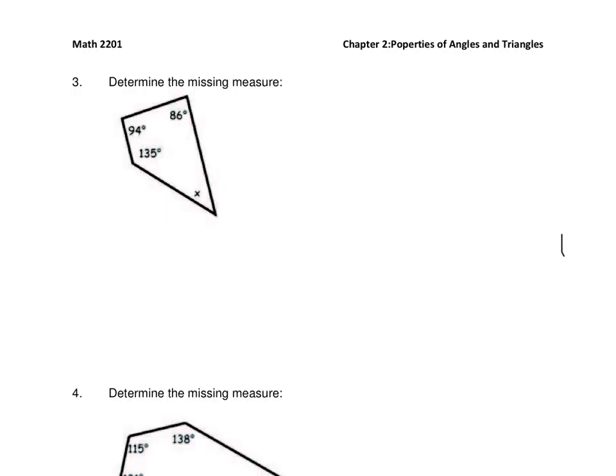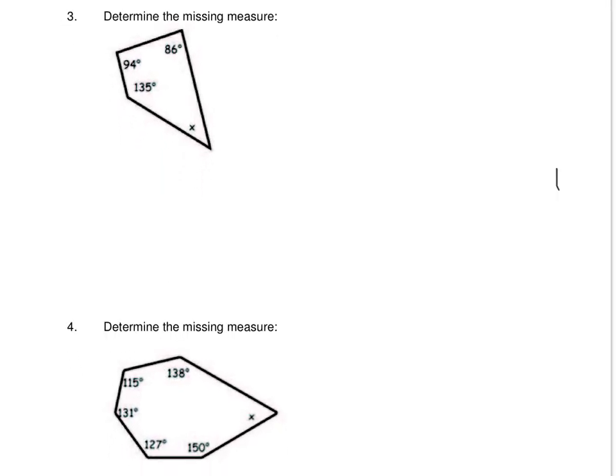And the next page here now has some more problems. So the first one here, you have to determine the missing measure. Well, this is a 4-sided figure, which implies there is going to be a 360-degree sum for the angles. Because it's a quadrilateral, you should know that one, you shouldn't have to use the formula for that one.